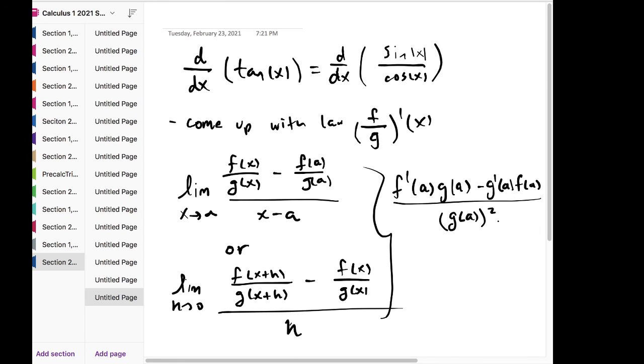So as you can tell, it might be a little bit more complicated of a proof, but it turns out to be okay. Yeah, so I recommend you trying to work your way through the proof. And if you don't want to do that, maybe use this formula to find the derivative of tangent. But I recommend trying to go through yourself, kind of emulate how we did the product rule.